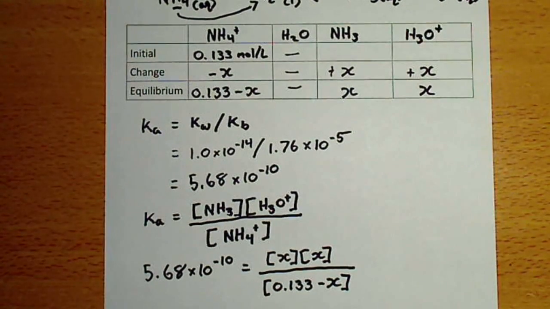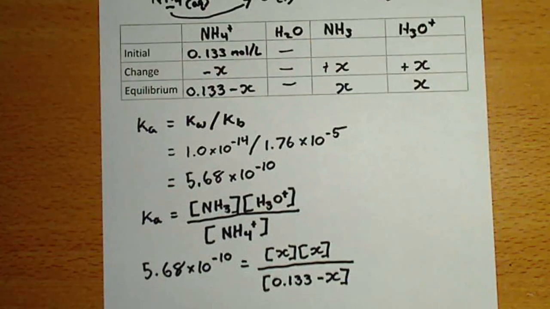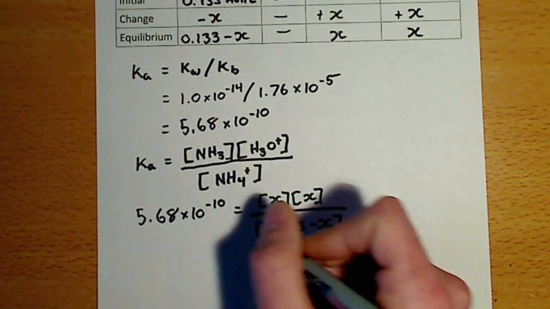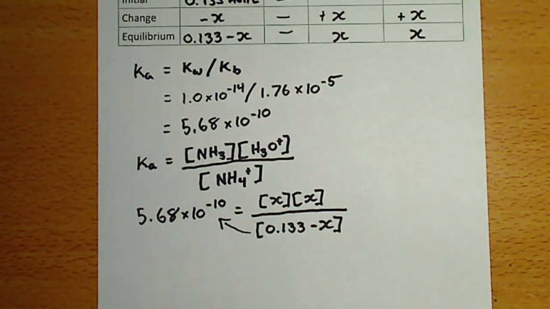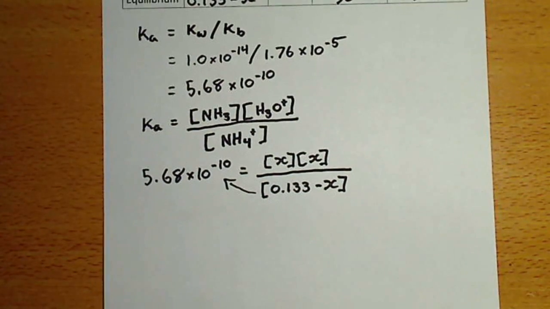Okay, so you can see that I'm going to have to do a little bit of math to rearrange and have a quadratic equation that I can use to solve for the value of x. By moving my denominator to the other side of my equation and expanding, I should be able to come up with an equation equal to x squared.